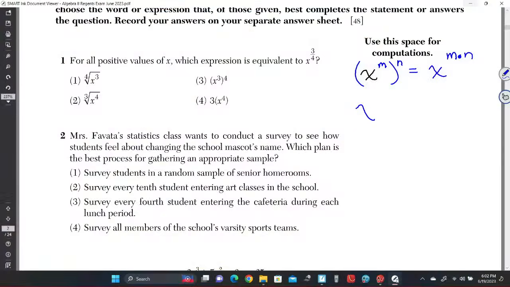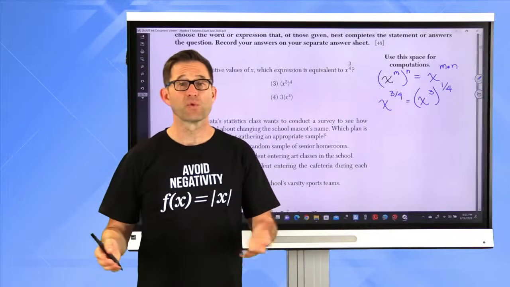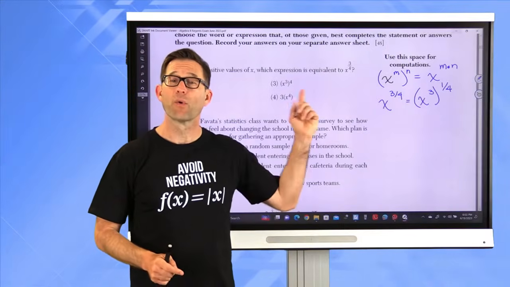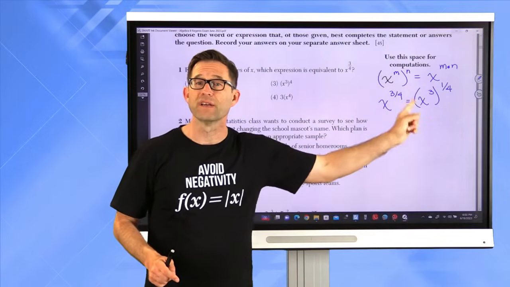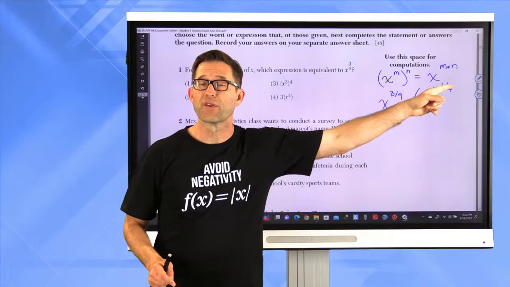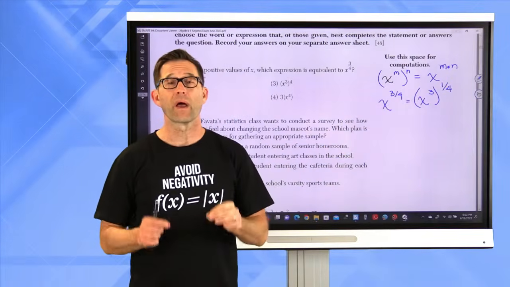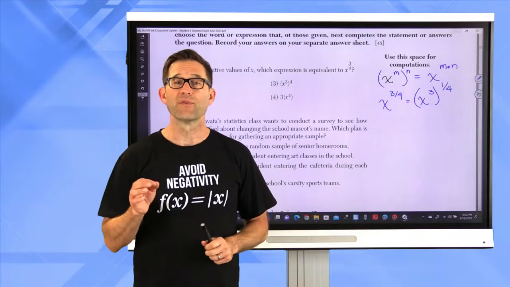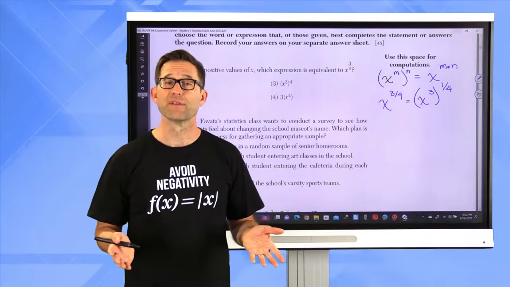I can rewrite x to the 3/4 as x to the 3rd raised to the 1/4. So 3 times 1/4 is 3/4. And what I learned in Algebra 2 was that the 1/4 power is the same as the 4th root.